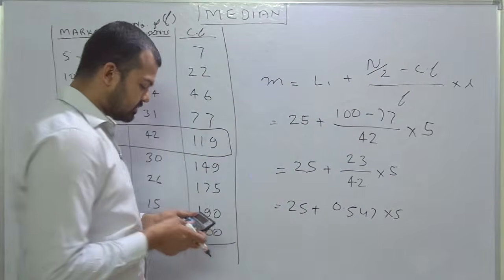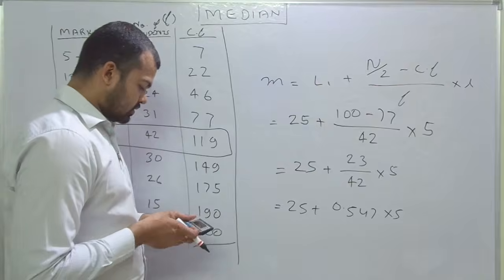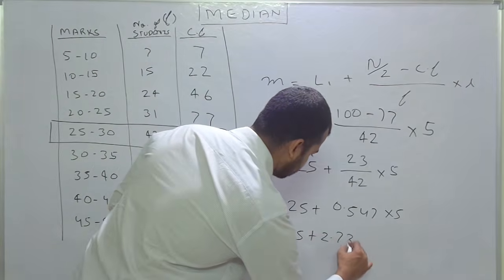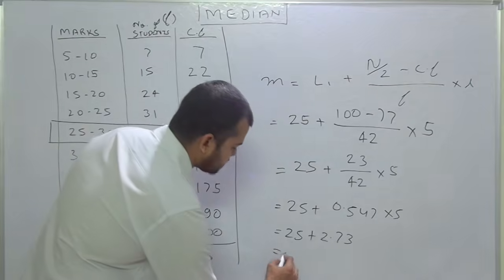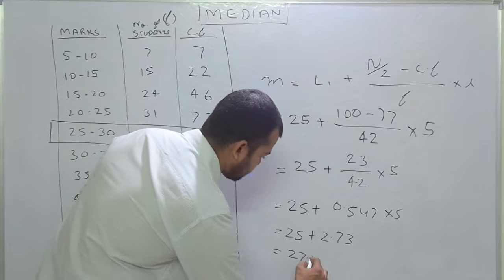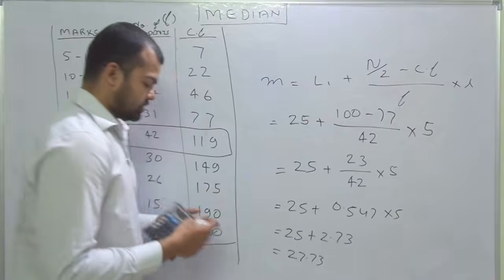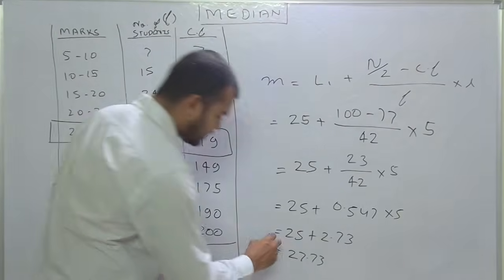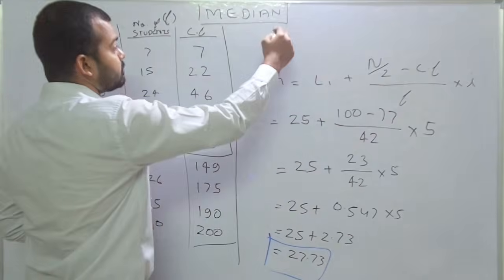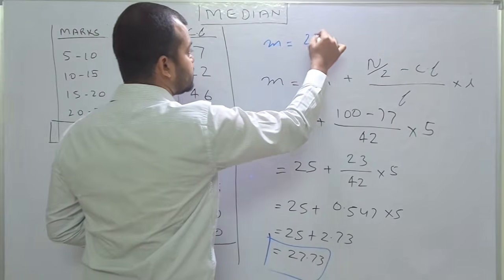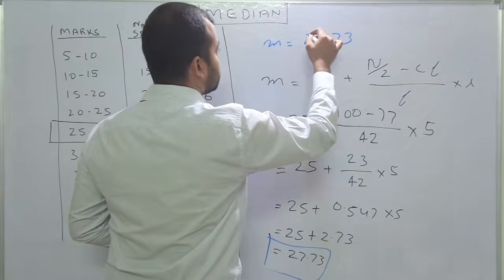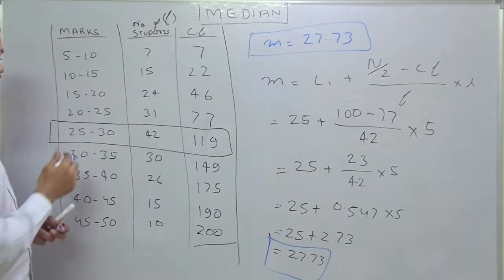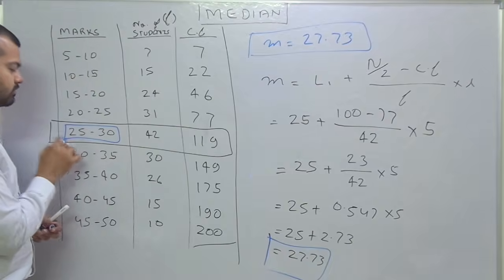First we have to multiply this. So 25 plus 2.73, and the answer comes out as 27.73. So this is your perfect answer. It means the value of median is 27.73. This is your final answer, because 27.73 lies between these two figures.